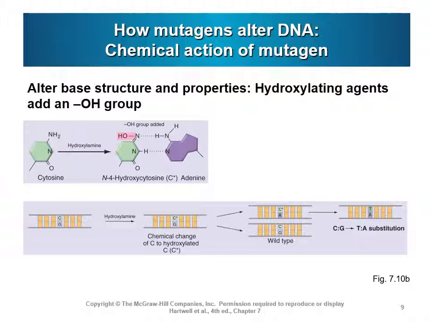So if we have that transformation and then undergo the replication process, it will create a complementary pair with adenine, and at the end of the replication process we will end up having adenine-thymine instead of guanine-cytosine. So this is another chemical mutagenesis process.